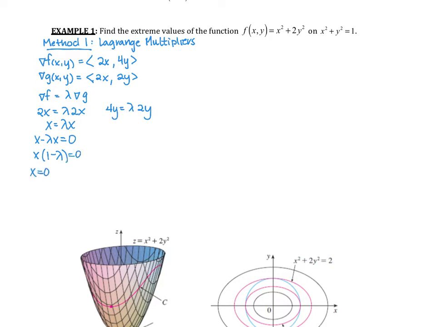So x has to be 0, and 1 minus lambda needs to equal 0. And so I get that lambda equals 1. I'm going to come back to those two in just a second. Now you'll notice that I didn't solve this second part. I didn't solve for y just yet, and I'll explain why, although we can. Sometimes we'll need to do both, but in this case I didn't.